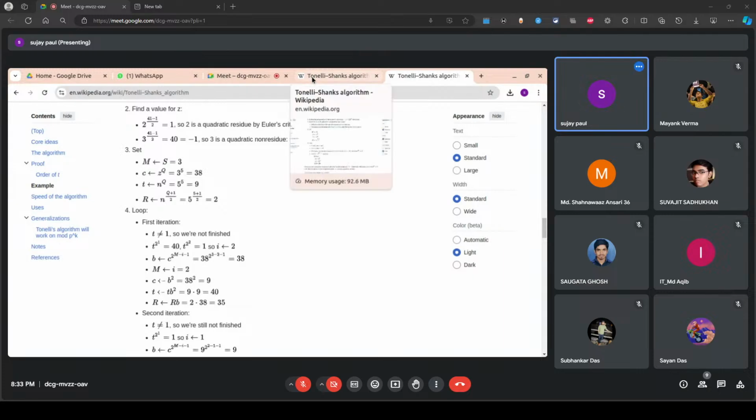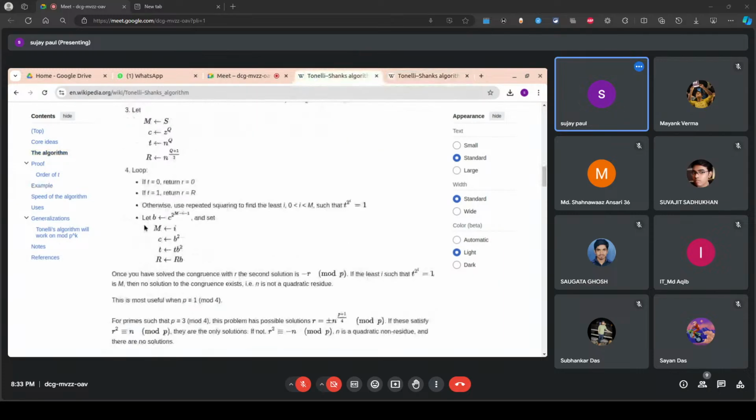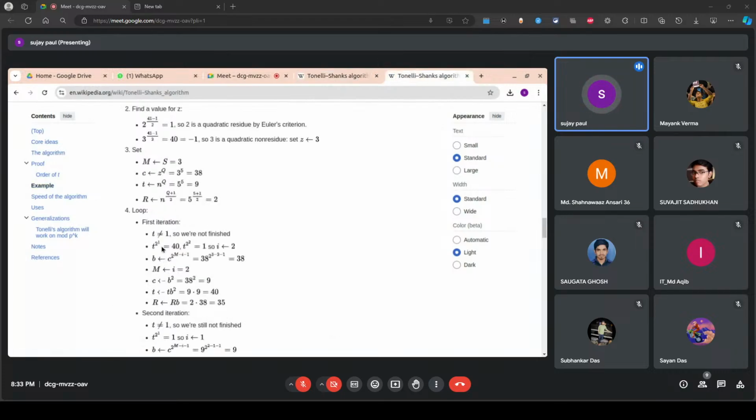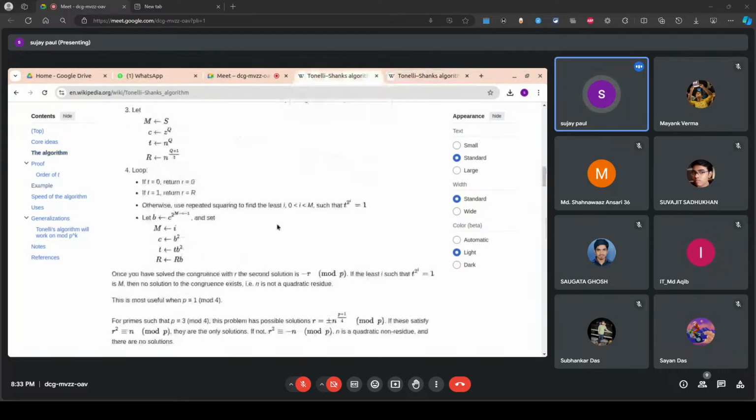Next, okay, that is the else condition. Sorry, I missed the else condition. Else condition is: find i within 0 to m such that t to the power 2 to the power i is equal to 1. Let's see. t to the power 2 to the power i mod 40 is equal to 1. So i is equal to 2.